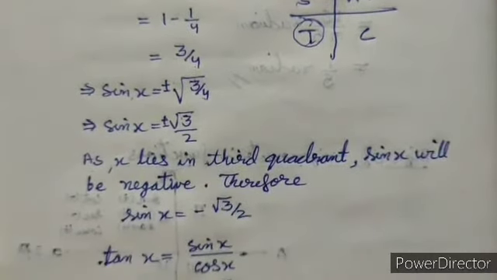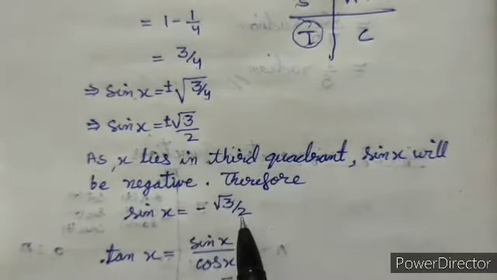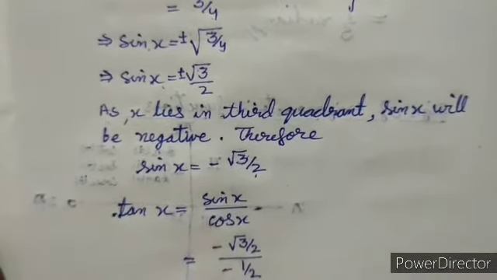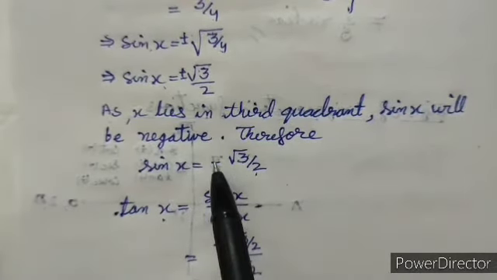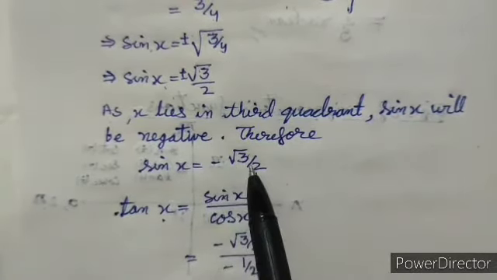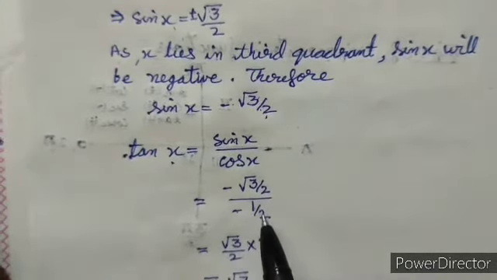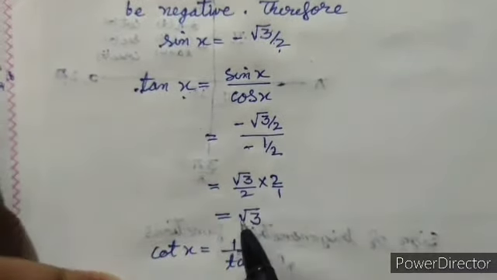Therefore, the value of sin x will be equal to minus under root 3 by 2. Now as we know that tan x can be obtained by dividing sin x by cos x. Value of sin x was minus root 3 by 2 and value of cos x that was given to us was minus 1 by 2, and this will give us the value of tan x as root 3.